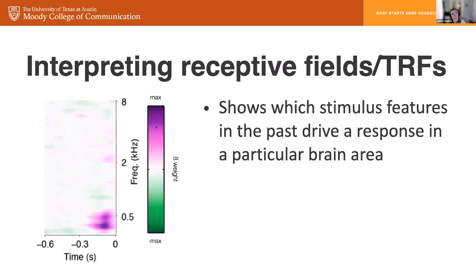You could have 64 EEG channels and fit a separate receptive field for every one of those 64 channels. You could also average them all together first, if you think that will give you better SNR, or you have some reason to, and then look at the receptive field for that average EEG. But typically these are one brain area, so you'd have one of these per neural channel that you're recording from.